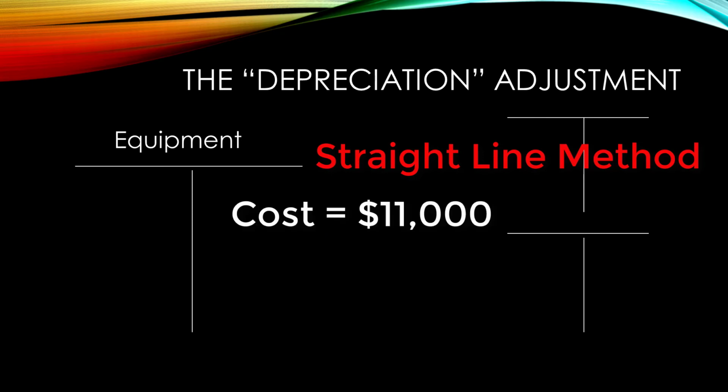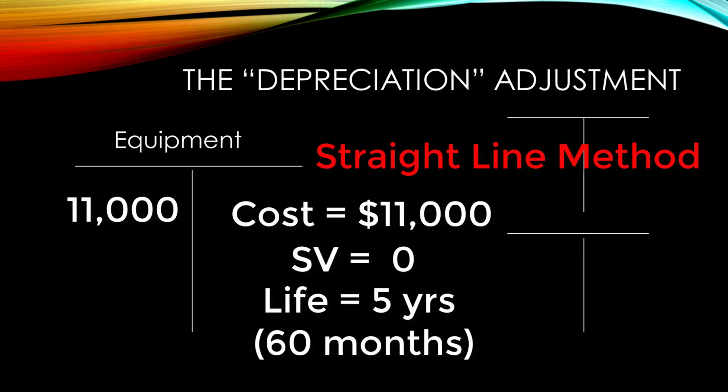In this case, the cost of the asset is $11,000. The salvage value or residual value is assumed to be 0, and this asset has a life of 5 years, which is equivalent to 60 months.